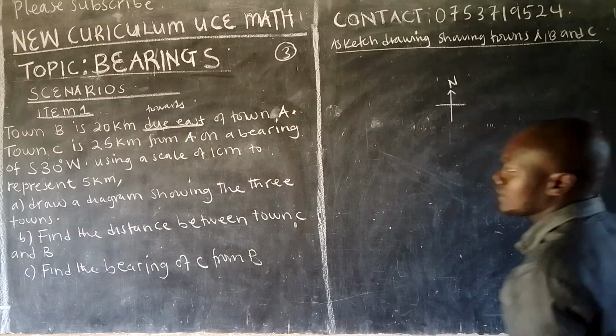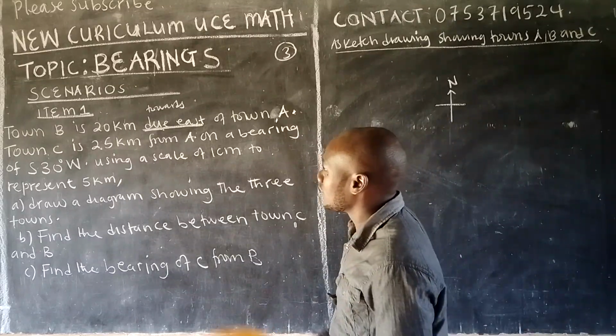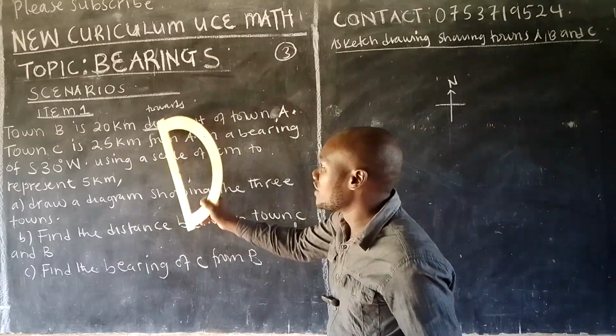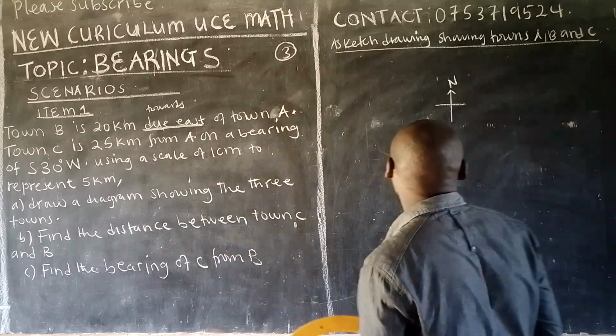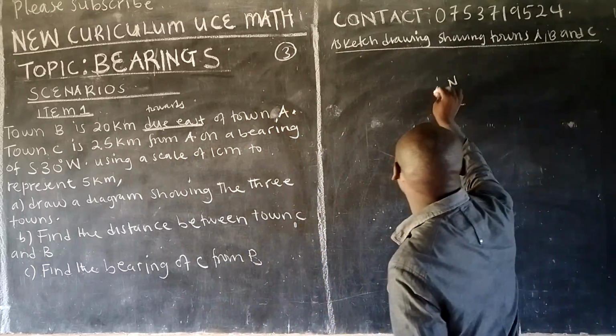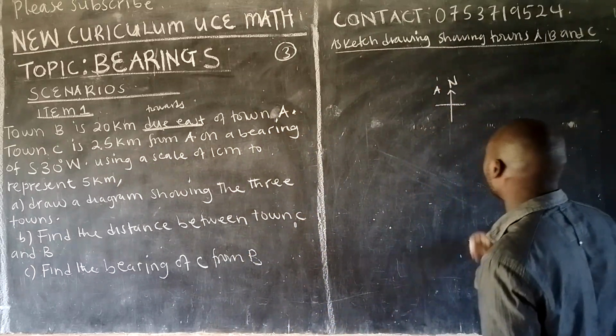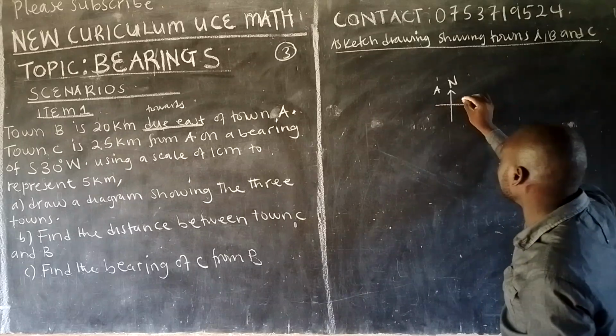The next, they are saying that town B is 20 kilometers due, but due means towards east of town A. So this one is our town A. Where is the eastern direction? The eastern direction is here. This is the east.